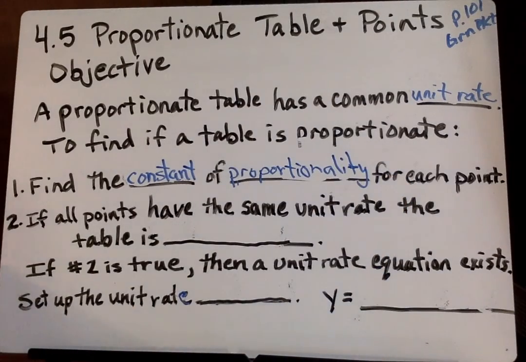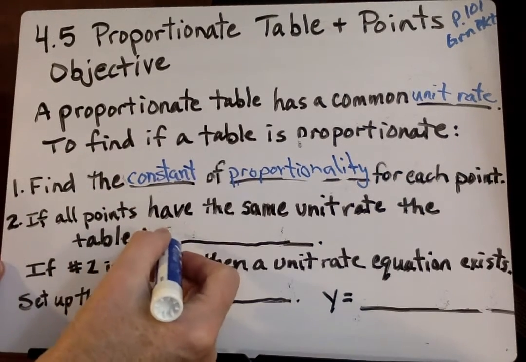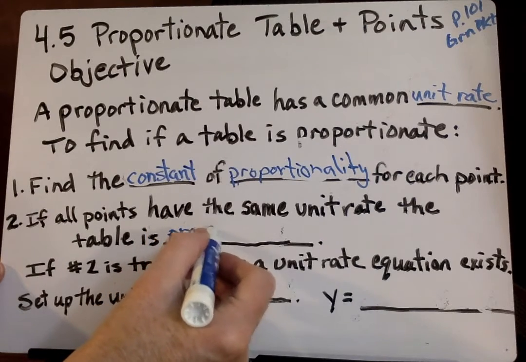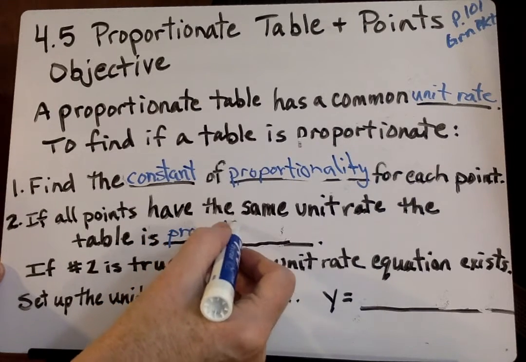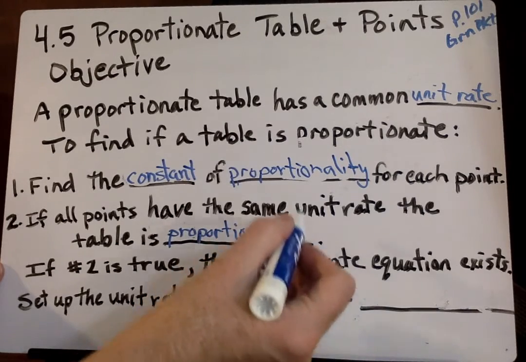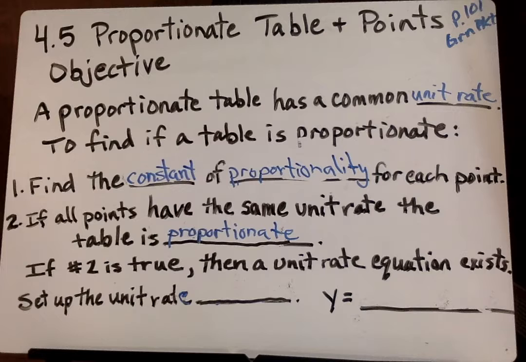For each point, if all points have the same unit rate, the table is proportionate. And again, we'll do some examples later. That will help you explain that a little bit more, help you understand it.